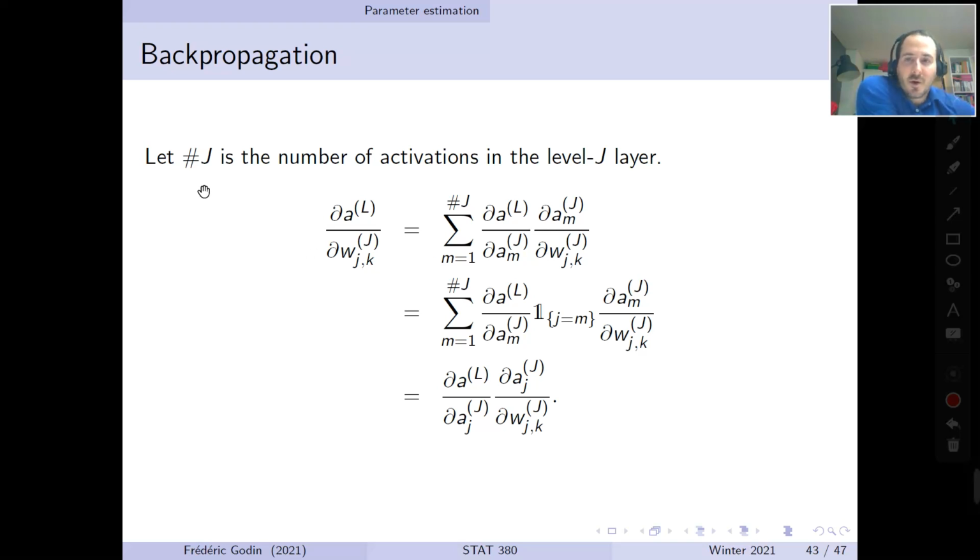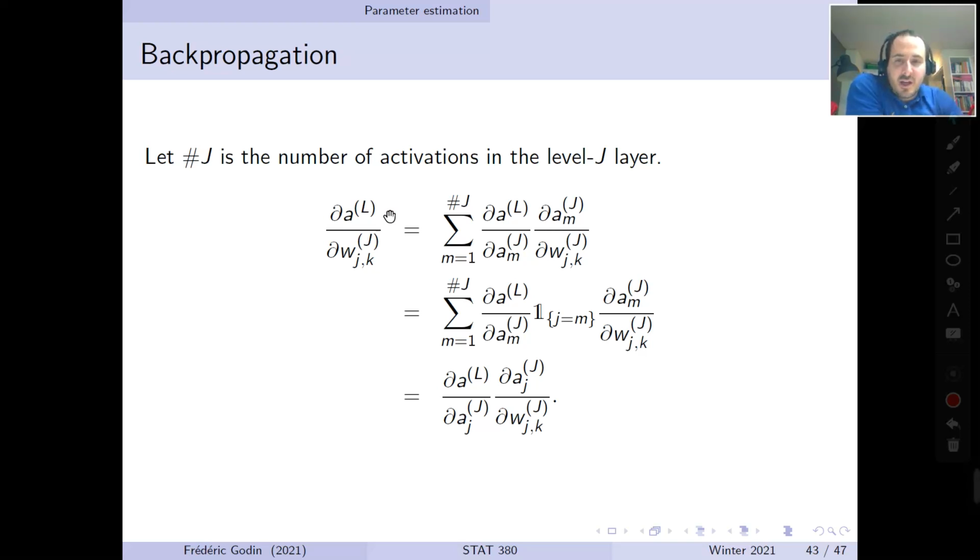Let's denote by this number the number of activations in the jth layer. Basically, the number of activations, or as some people call it, the number of neurons in the jth layer. The idea to compute this partial derivative of the last activation with respect to any of the parameters in the network is to use the so-called chain rule of calculus.